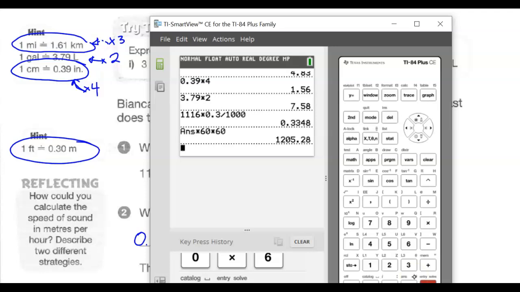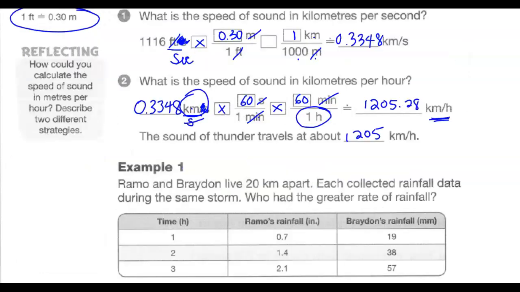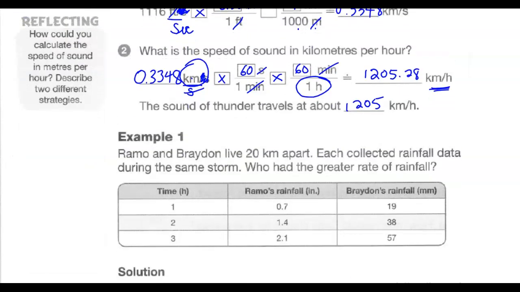So 1205.28. Oh, sorry, 1205.28. So it travels about 1,205 kilometers per hour.